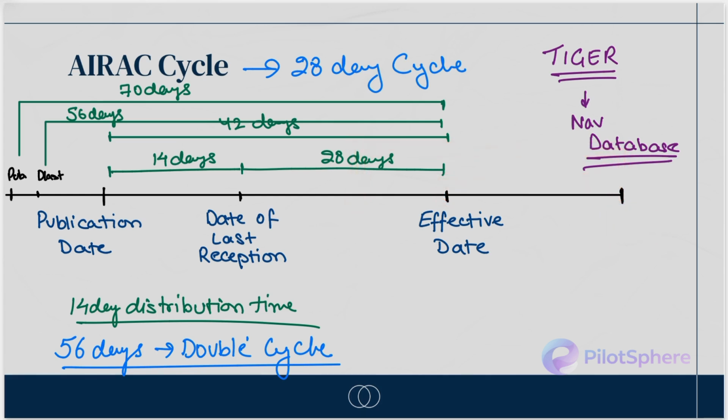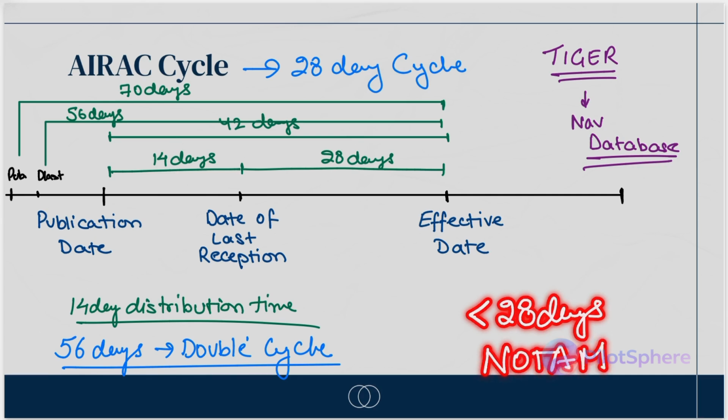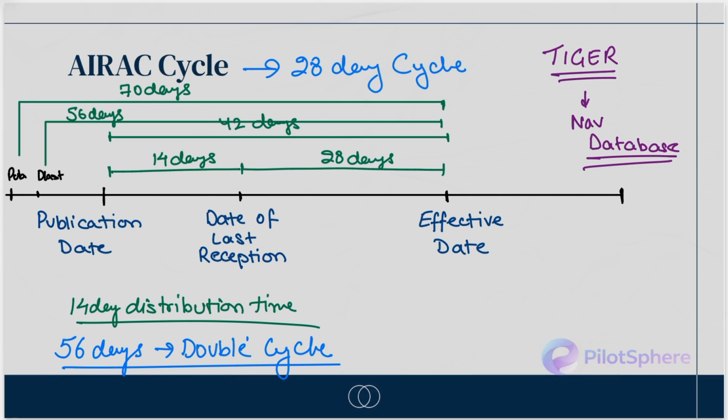Meaning this change or this information that has now been put forth is going to stay for the next 28 days. If any change occurs in between those 28 days, how is that being published? As I said before, anything less than 28 days goes in a NOTAM. So that information or that change would be published as a NOTAM.